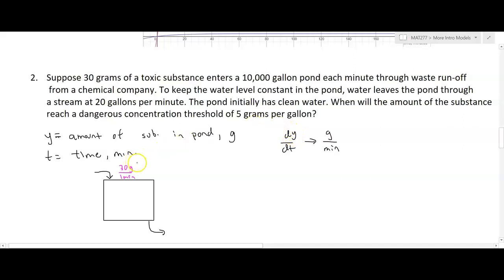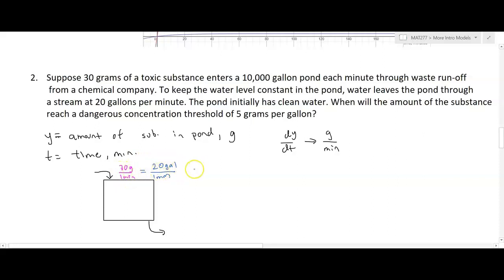So here they don't tell me what the concentration is, so I don't have to multiply the units together like I did before. But one interesting thing is that if we know that 20 gallons per minute are leaving in order to keep the water level constant, that must mean that there's 20 gallons per minute coming in as well. Now again, this is not something that you need to know for moving forward with this problem, but this 30 grams per minute has essentially already been figured out for us.